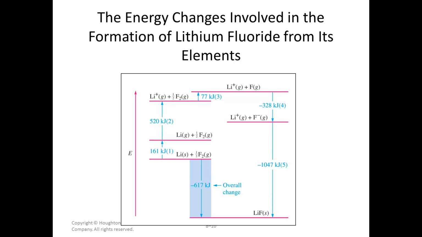If we look at the formation of lithium fluoride from elemental lithium and fluorine, first it requires 161 kilojoules of energy to take lithium from the solid state to the gaseous state in the sublimation of that solid. In order to ionize lithium in the gaseous state, it requires 520 kilojoules.